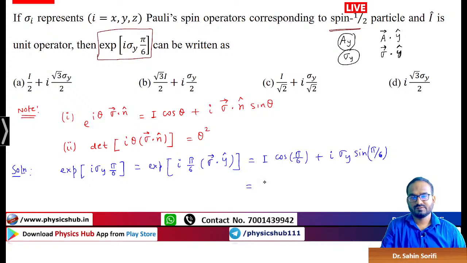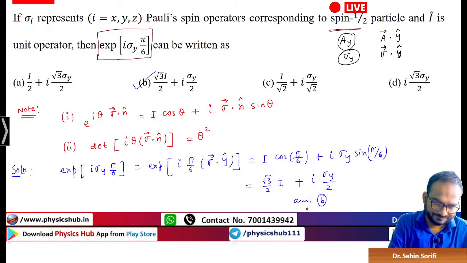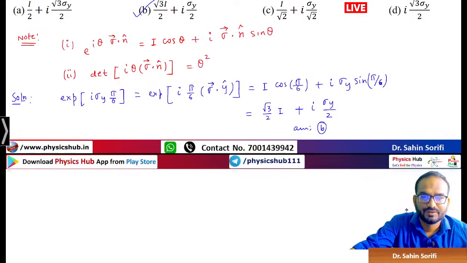So this is cos 30, root 3 by 2 I, plus sin 30 is half, i into sigma y by 2. So this is matching with option B. Karthik, Murli, here you got B. Let's move on to the next question.